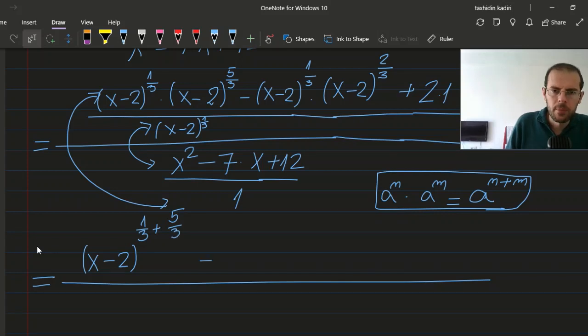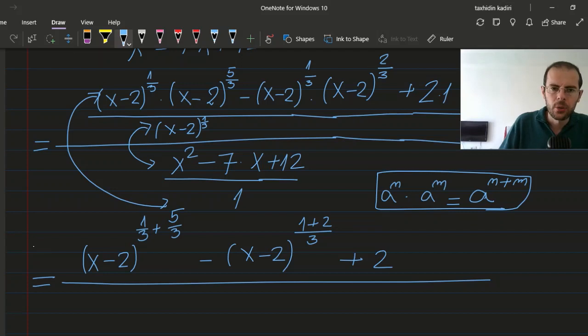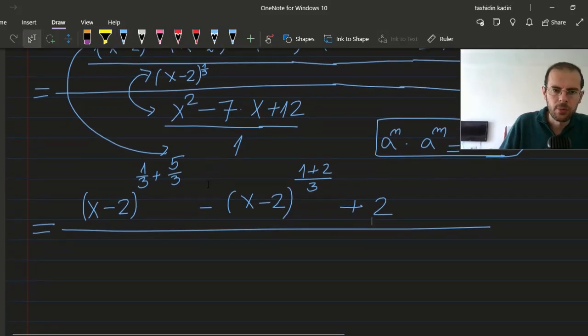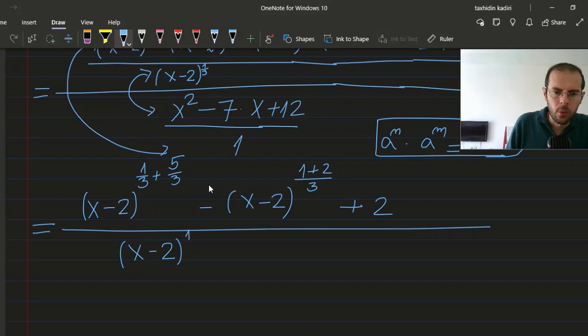minus, here the bases are the same, x minus 2, x minus 2, we have 3, 1 plus 2 plus 2, and here this inside and this will multiply each other. Here we have (x minus 2) to the power 1/3, x squared minus 7x multiplied by x plus 12.